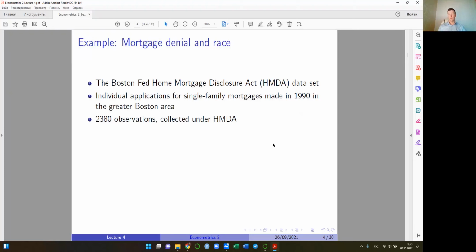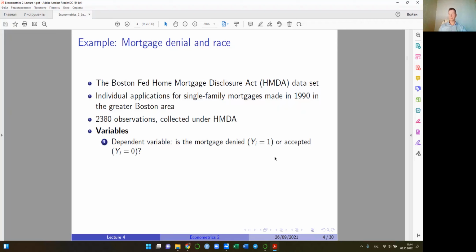In total, we have 2,380 observations collected under this act, and we are going to work with the following variables. So first of all, there is a dependent variable, which is binary, and it represents that the mortgage is denied, and the dependent variable equals 1 in this case, or accepted, 0.